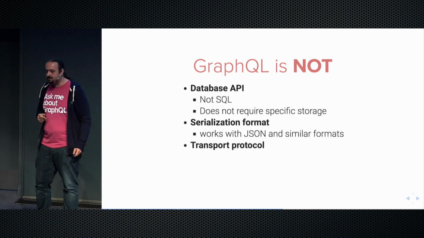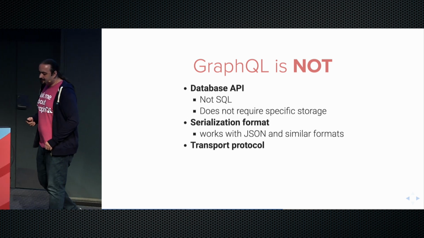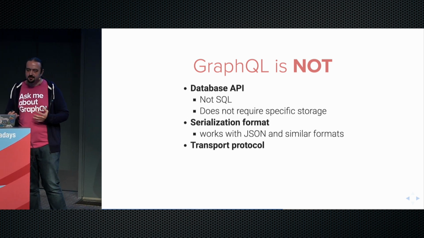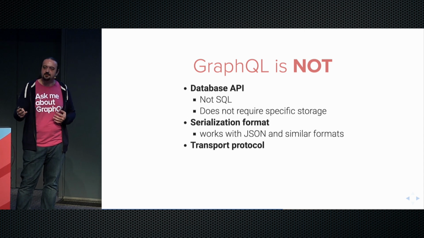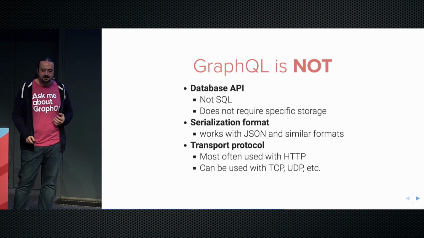And it is not a transport protocol. Many people use it with HTTP, and the first example that we saw today is actually accessing a GraphQL server over HTTP. But it is much more flexible because the surface area of GraphQL is quite small. For example, you can use it with TCP or UDP. Another example, I can use it in the context of webhooks.